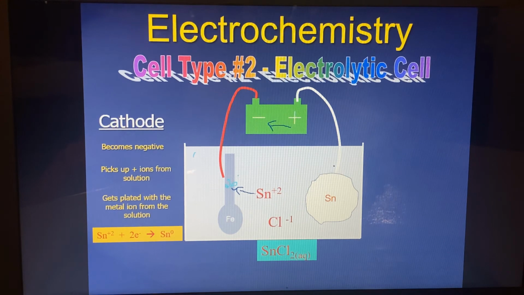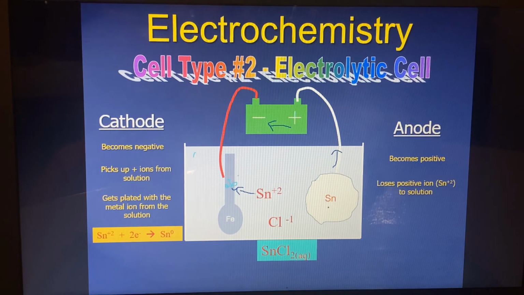So there's actually going to be electrons that are coming from the tin. Every time 2 electrons get put onto the spoon, 2 electrons are going to be pulled off of the tin. As a result, the tin is losing electrons, which means it's oxidized. And if it's losing electrons, it's going to become positively charged. As a result, it's going to lose a positive ion into solution.